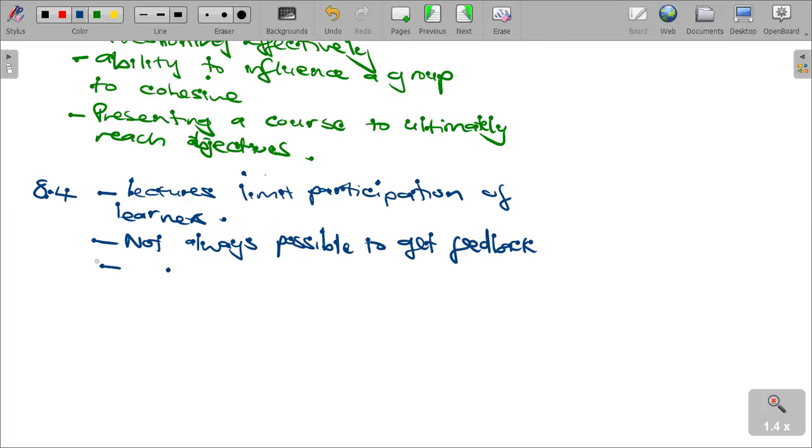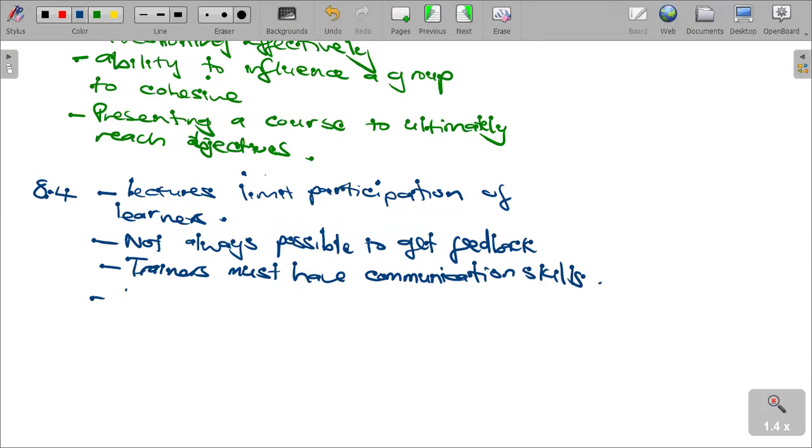And also you can find that trainers must have excellent communication skills for it to be effective. And also, it does not follow the adult learning principles.